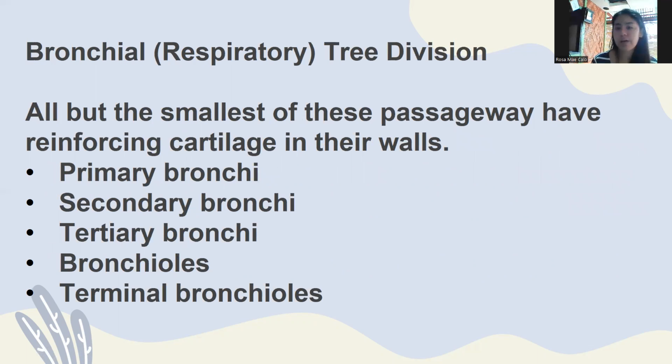The bronchial tree division. The smallest of these passageways have reinforcing cartilage in their walls. We have the primary bronchi, the secondary bronchi, the tertiary bronchi, the bronchioles, the smallest conducting passageways, and the terminal bronchioles.